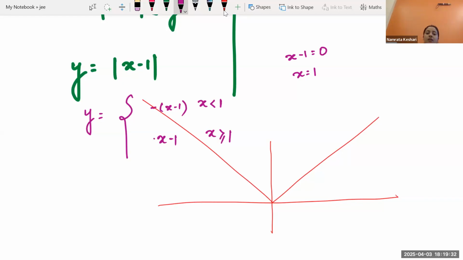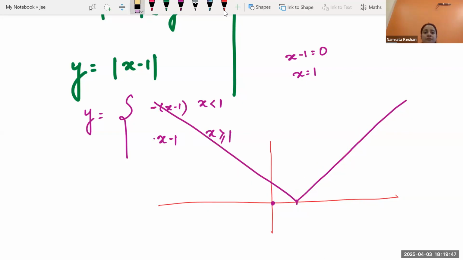So this point will shift 1 unit to the right, and now our graph is going to look like this. Is it okay? Yes. And we understand the piecewise defined function and the graph also.